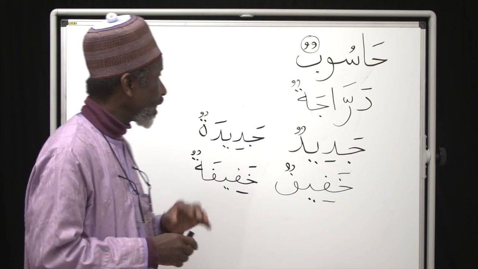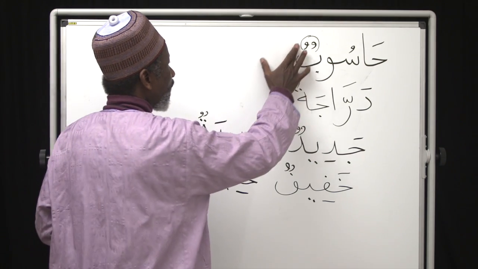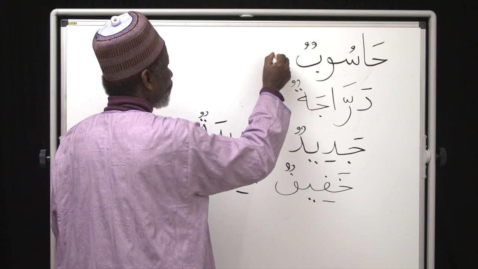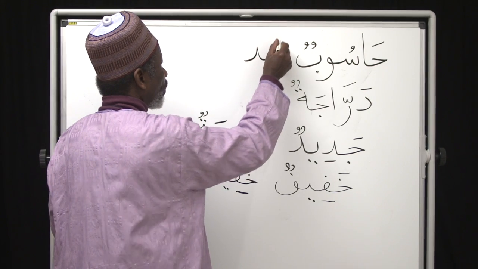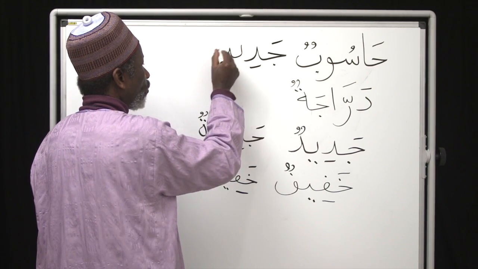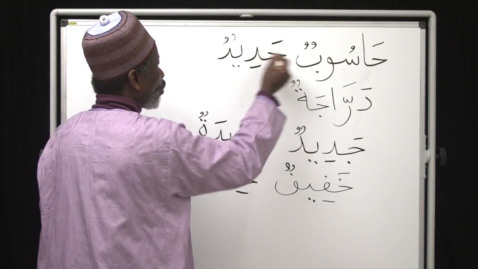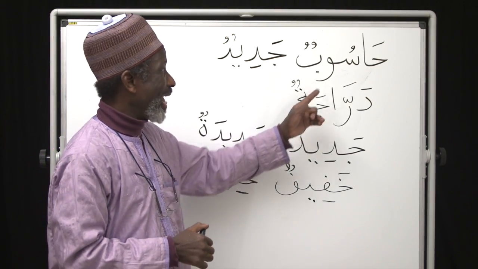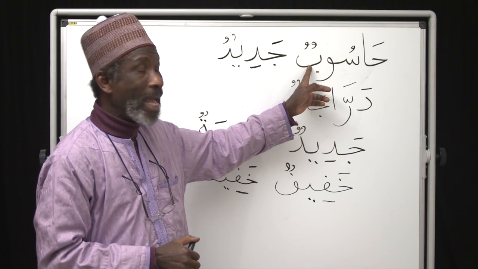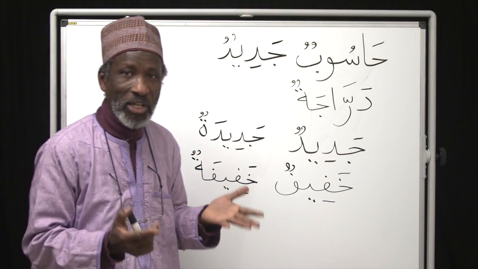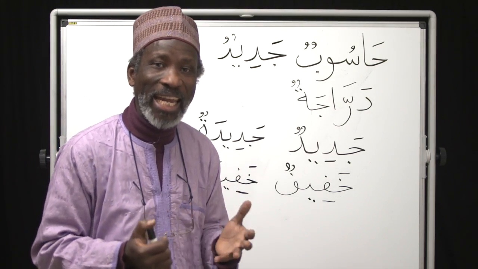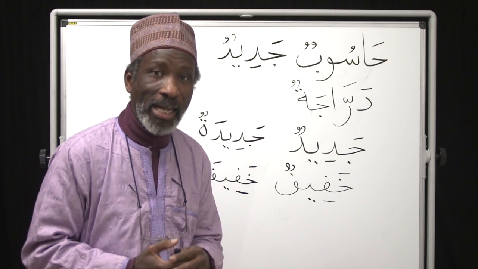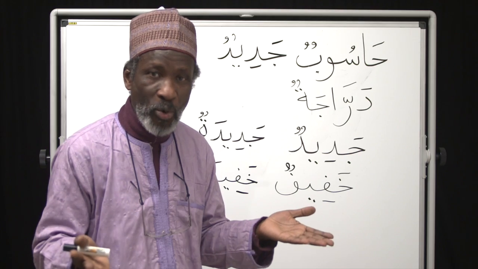So if I say hasubun and then put jadidun here, hasubun jadidun. The literal meaning of that is what? A computer, a new. But in English, we don't say a computer, a new. It is a new computer.